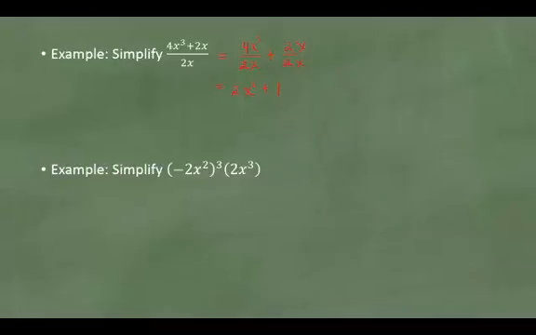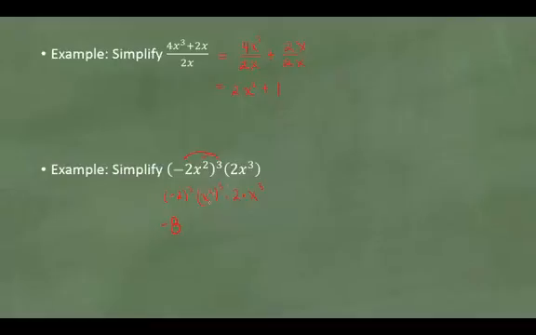For the next one, we're going to make sure that we use the distributive property first. So this reads negative 2 cubed, the entire negative 2 cubed, and x squared cubed, then times 2 times x cubed. Negative 2 cubed is negative 2 times negative 2 times negative 2, which is negative 8.